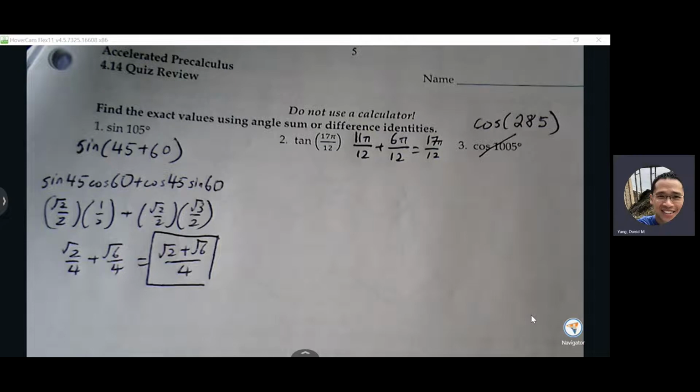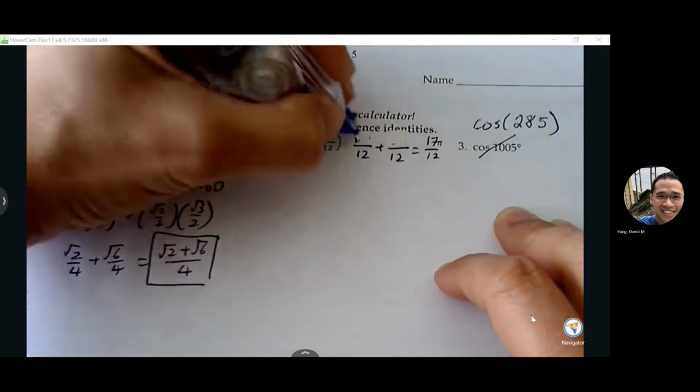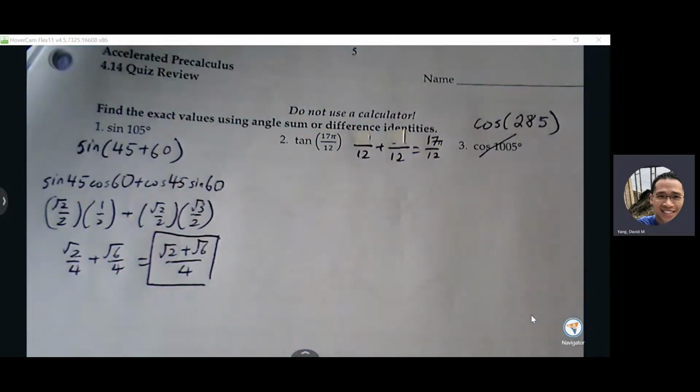Well, let's see. 11 over 12, that's not unit circle, right? We have 11 pi over 6, but 11 pi over 12, I don't know if that quite works. Okay, what's another guess? 8 and 9. Okay, I think that works.